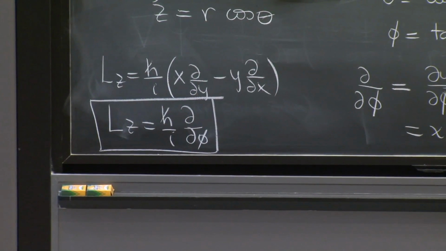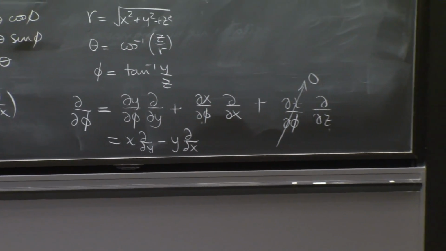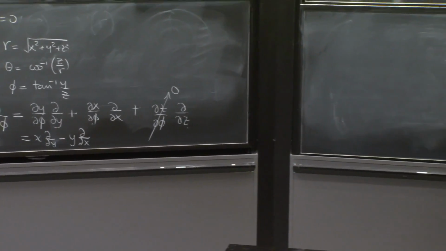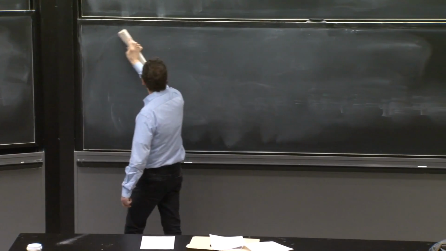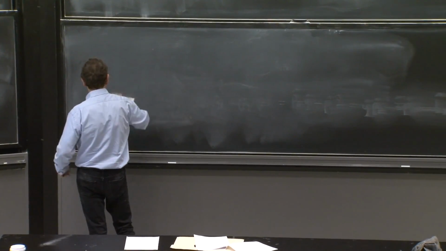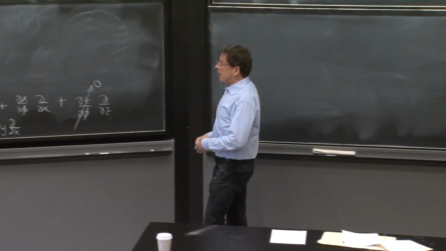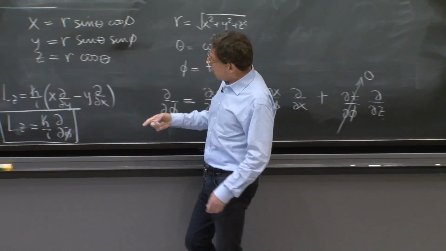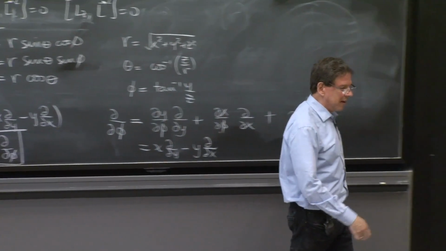So I have left as exercises to calculate the other operators that are more messy, and to calculate Lx, Ly as well in terms of ∂/∂θ and ∂/∂φ. And as you remember, angular momentum has units of ħ, and angles have no units, so the units are good, and we should find that.